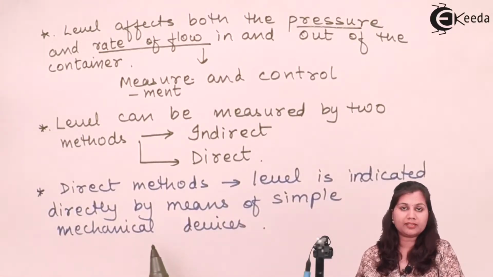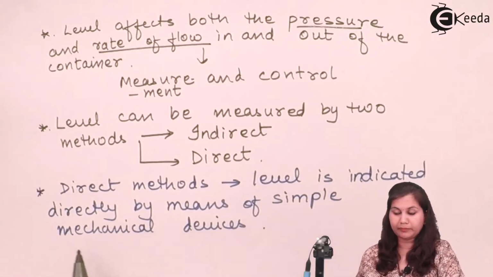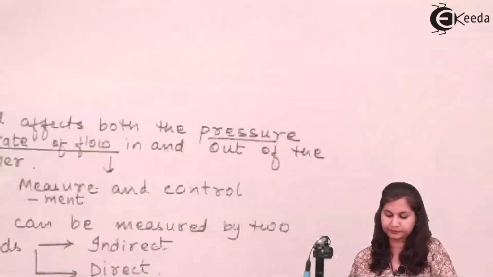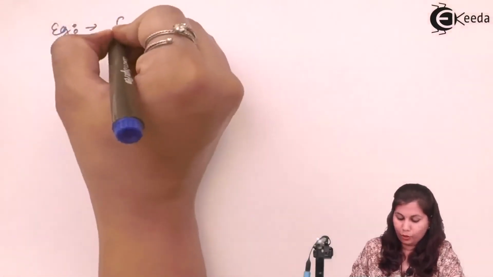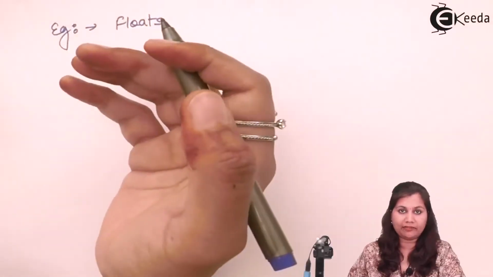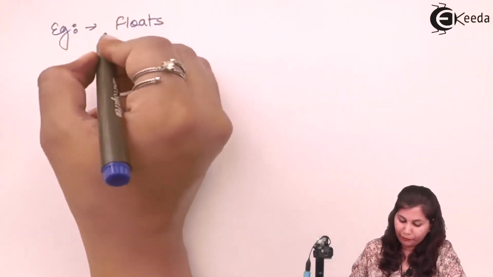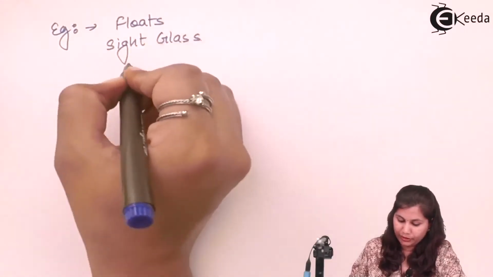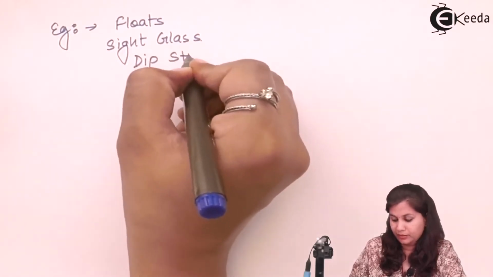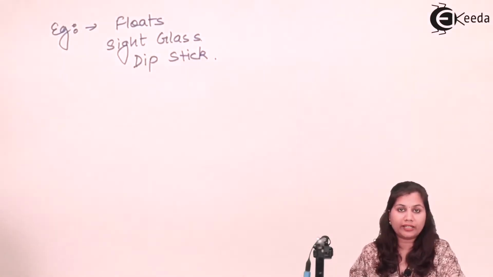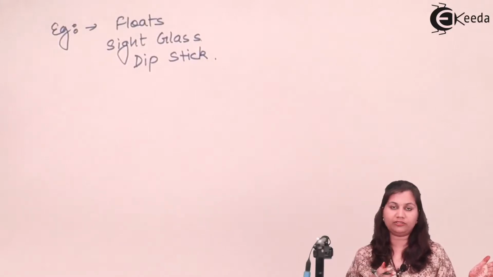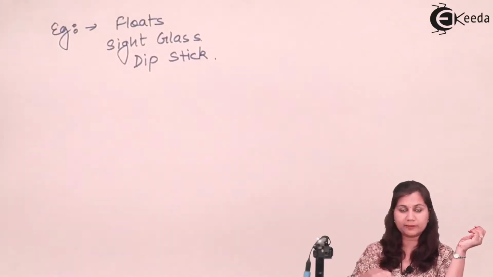In direct methods, the level of the liquid is directly indicated with the help of some mechanical devices. Examples of the direct methods are floats, which are mechanical devices, or the sight glass method, or dipstick. In earlier times, if we wanted to measure the level of the liquid, a rod was dipped into the liquid.